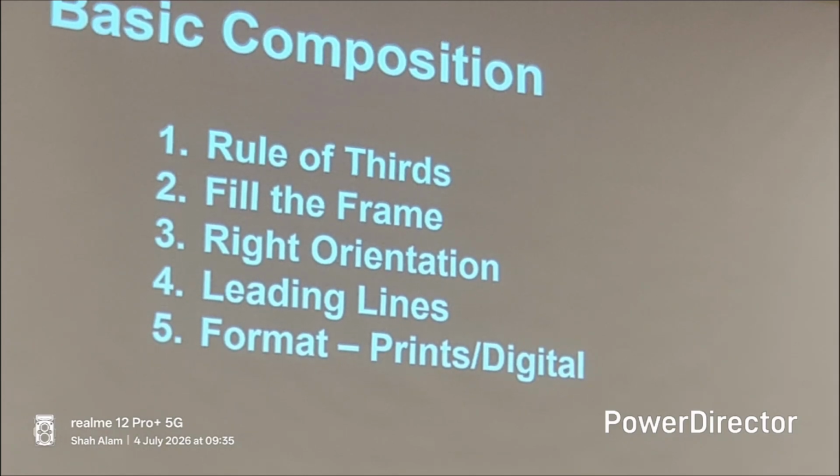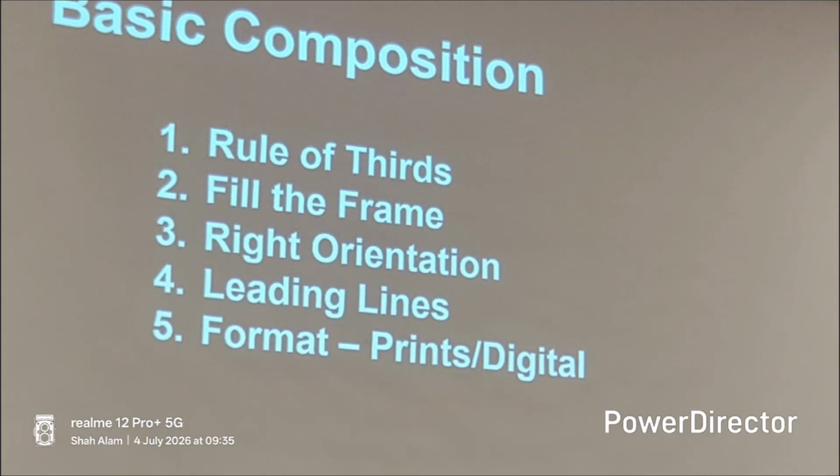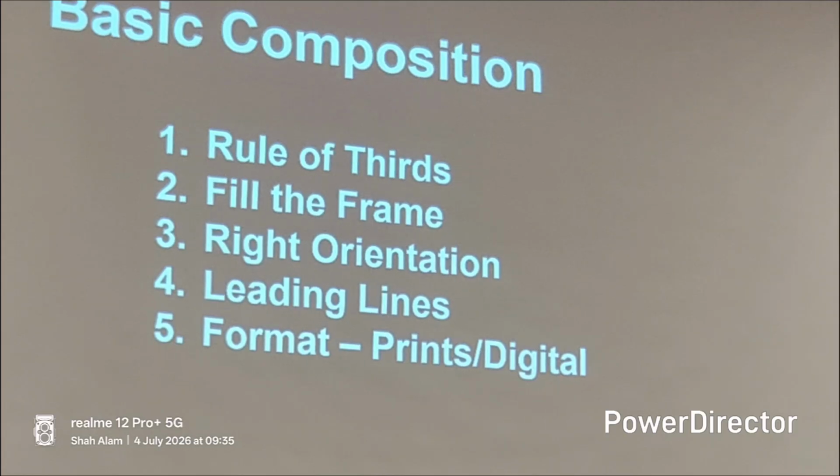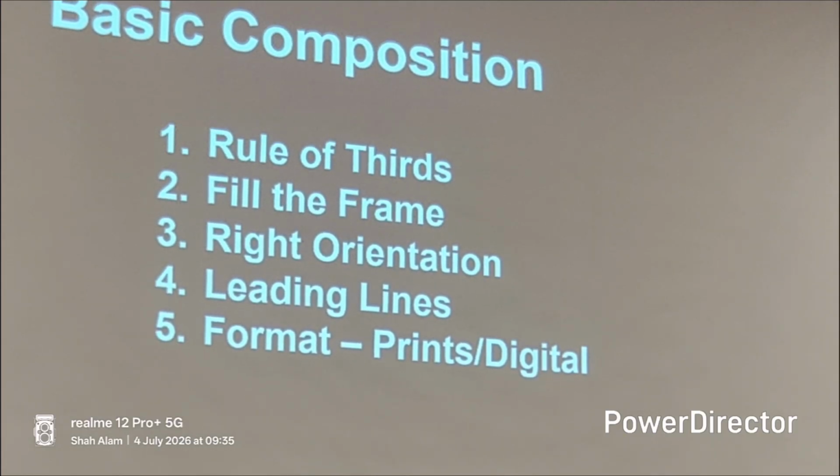So this is what we call the rule of thirds. I will cover that, and also fill the frame, the right orientation, leading lines, and then format, whether it's print or digital, what size. Because now your camera and your mobile phone sizes are different. Every time I take a photo with my camera, I normally edit it to 4:6 because that's the normal 4R size, or 3:4.